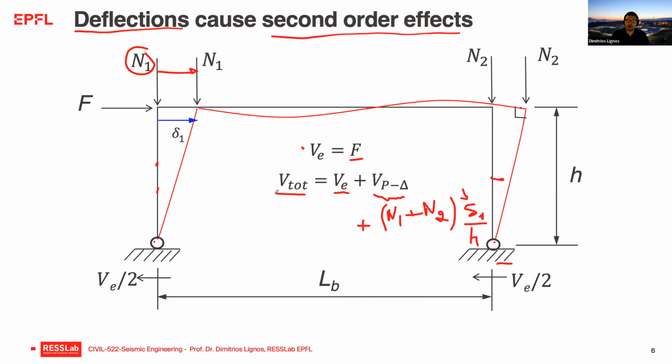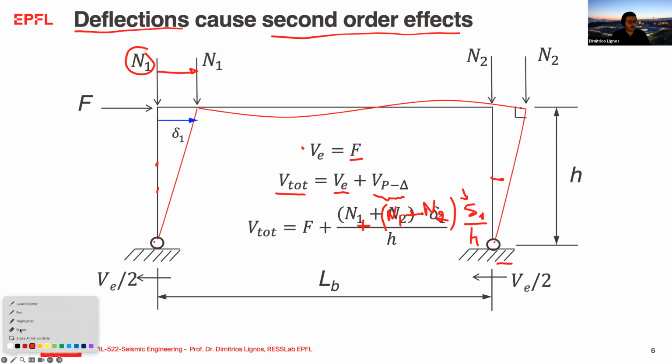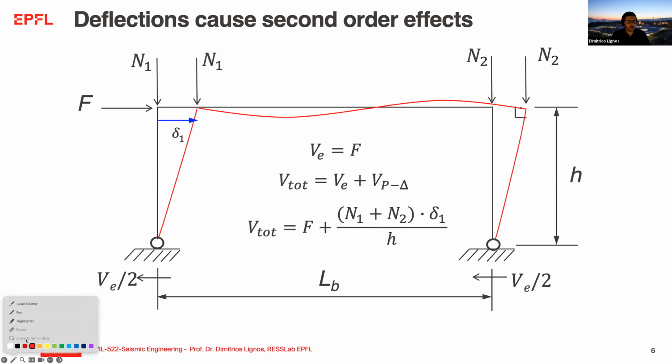And if this is not taken into consideration in the design, then of course your design is not going to be conservative, but it's going to be non-conservative. So let me clear a little bit the slide here. Okay, so here essentially you see what I just showed you, that the V total is basically equal to that.